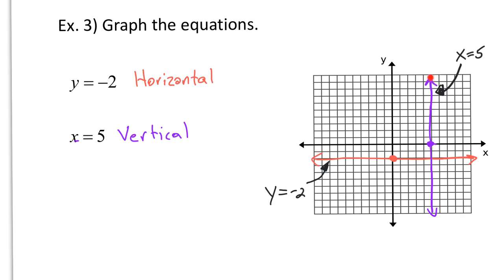Notice the arrowheads, they're telling you that the line is going to +infinity and -infinity, so they keep going and going and going.